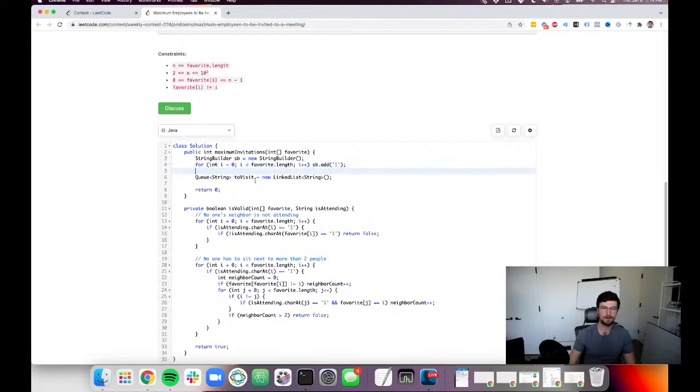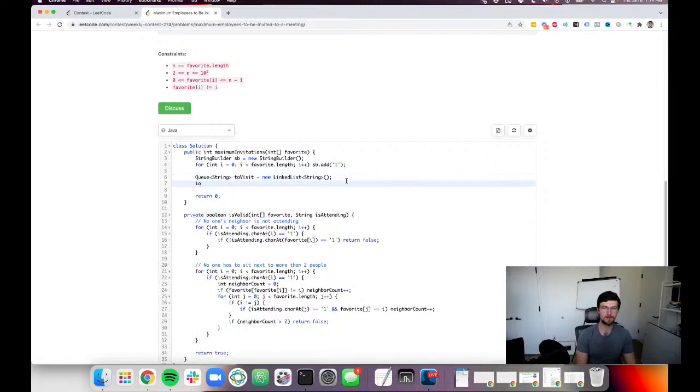And then what we do here is, our initial becomes toVisit.add(sb.toString()).